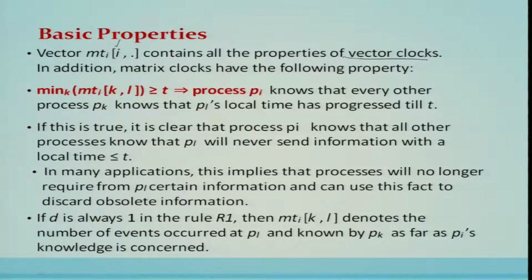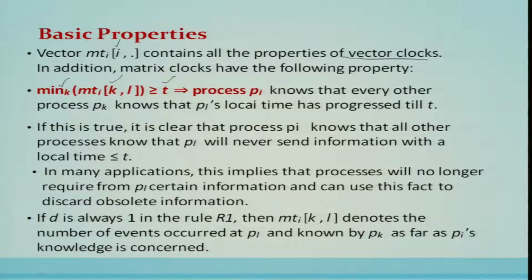That means all the processes having the minimum value of k, which is basically having the information at the ith row. So the minimum value is basically t. That means process pi knows that every other process, that is process pk, knows that pi's local time has progressed until t.